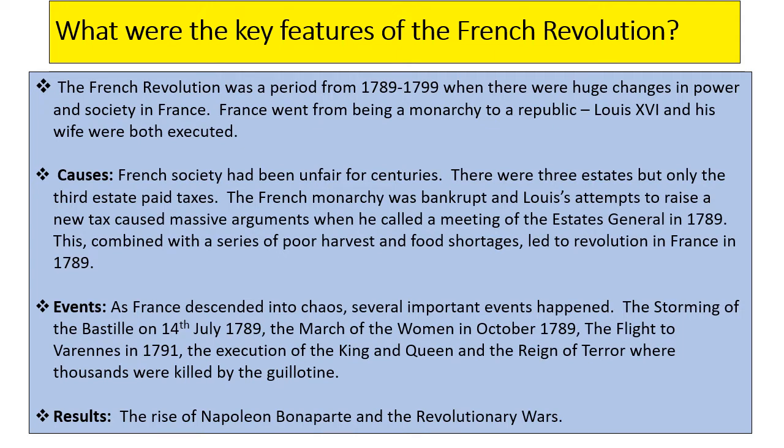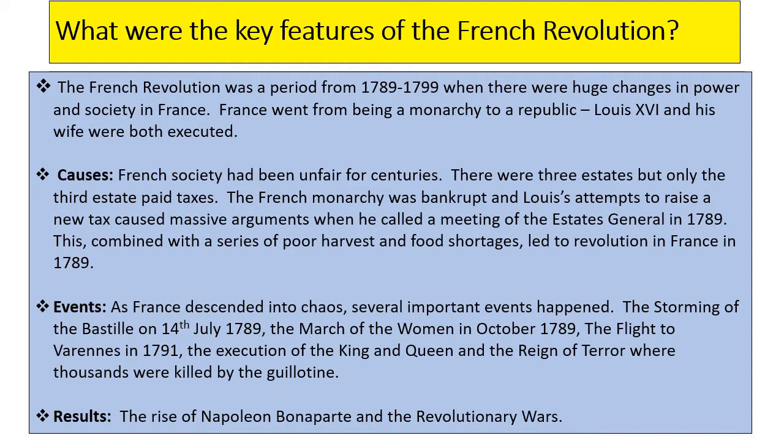So why does this happen in France? You can see a few causes there on the next bullet point. Well, French society had been unfair for centuries. You might remember from class there were 3 estates in France, and what this means are like 3 social classes. If I just remind you of that very quickly, there was the first estate, the second estate and the third estate.